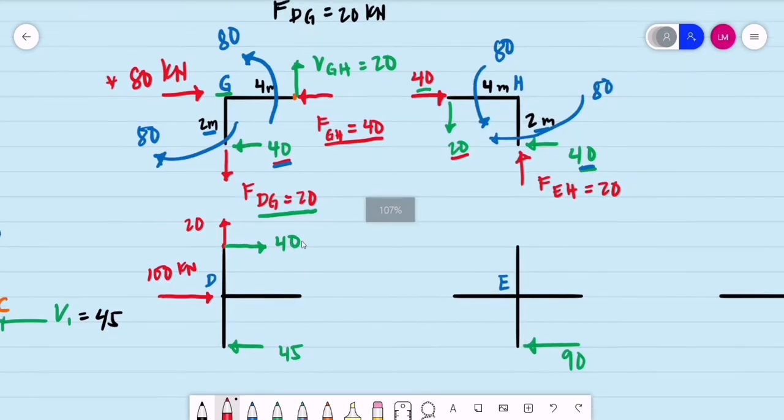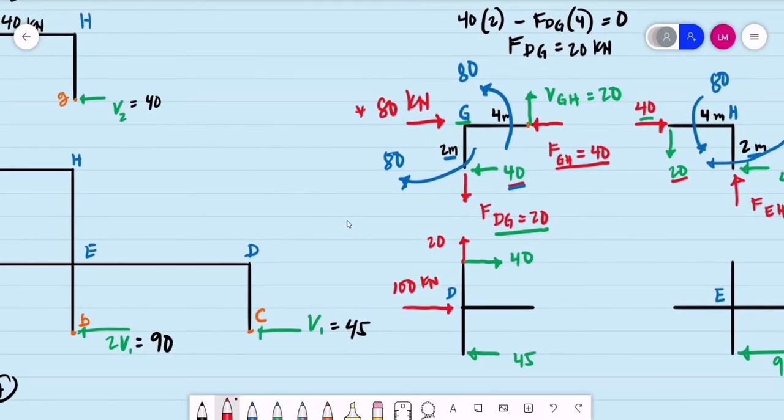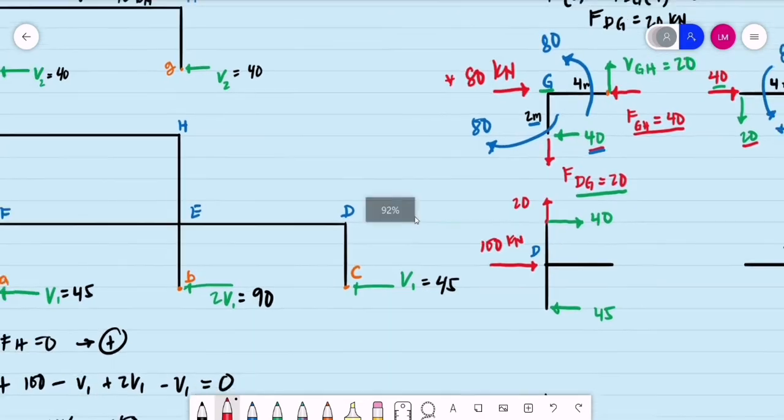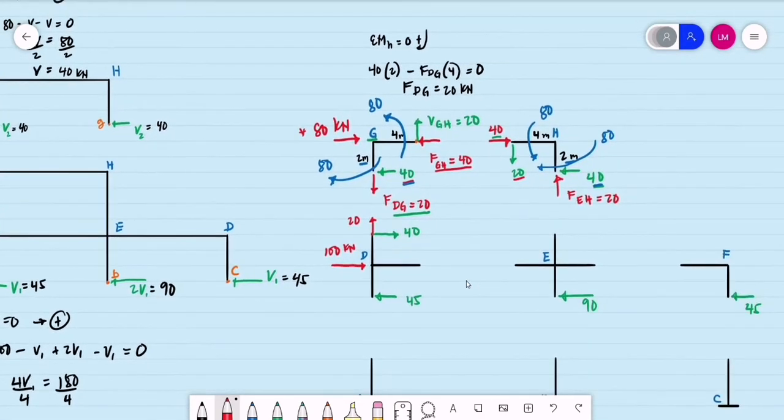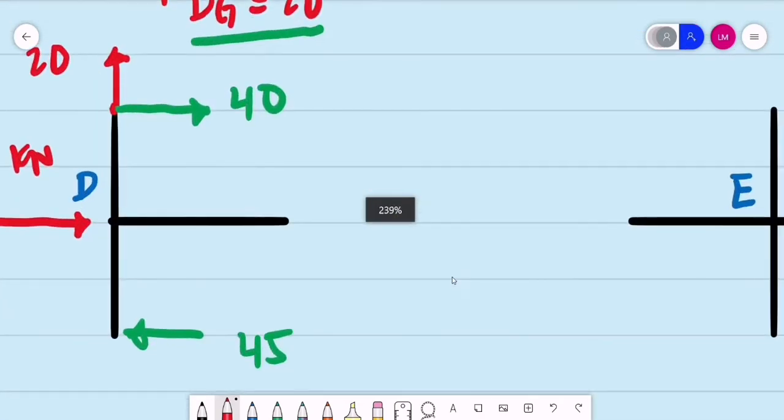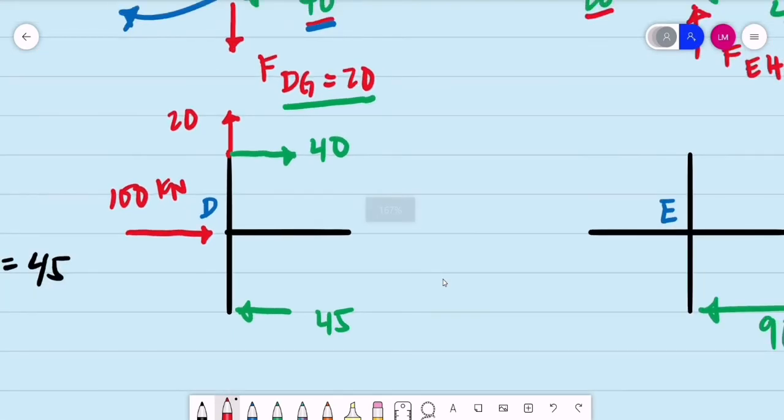Based on the available values at joint D, we can now compute the axial force. The first thing to solve at joint D is the axial force for beam DE.